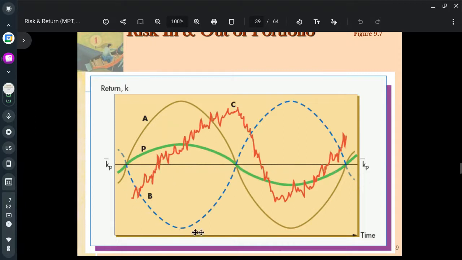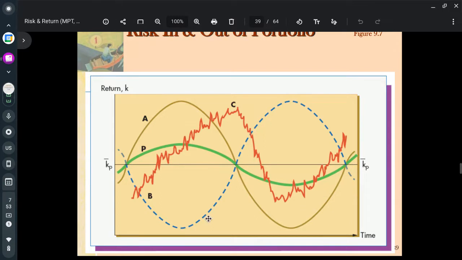But in reality, as I've been telling you, it's hard to find something like that. In reality, it's more like this. It is slightly positive. It's positively correlated, right? It's not negatively correlated. But even when you find a stock like A and C, if you combine those two, the portfolio return will have much lower volatility.